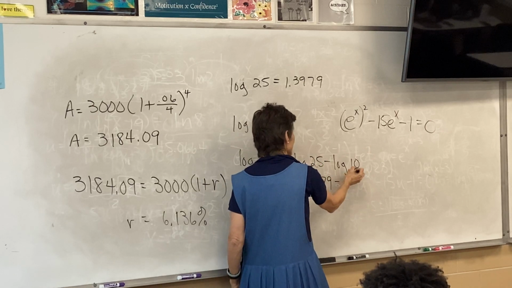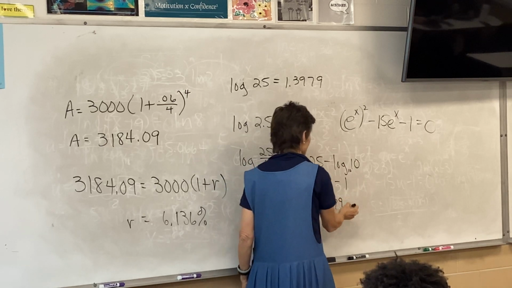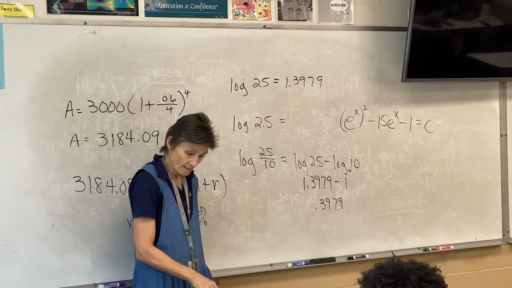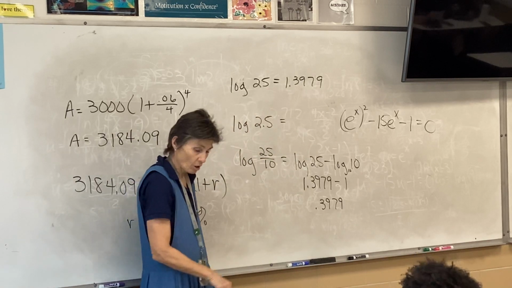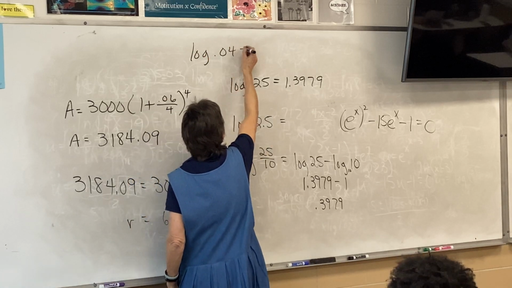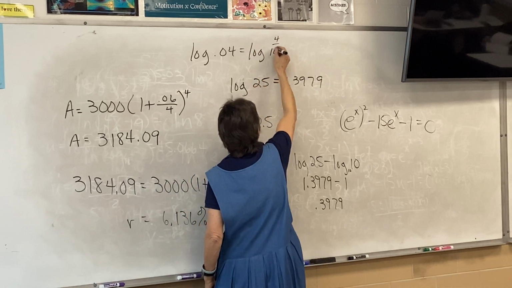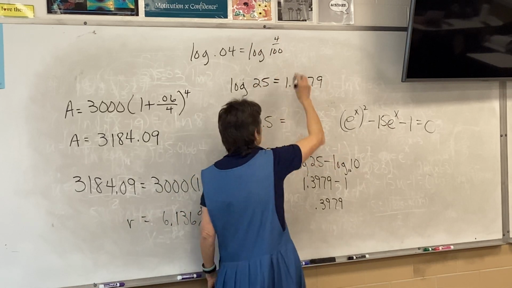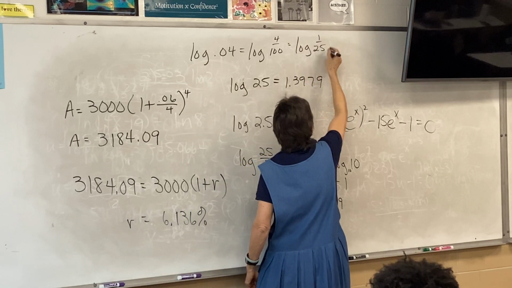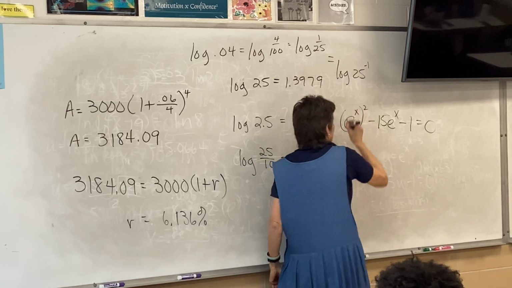And what's the log base 10 of 10? So the answer would be 0.3979. C says the log of 0.04. 0.04 is 4 over 100, which reduces to 1 over 25, which is 25 to the negative first.